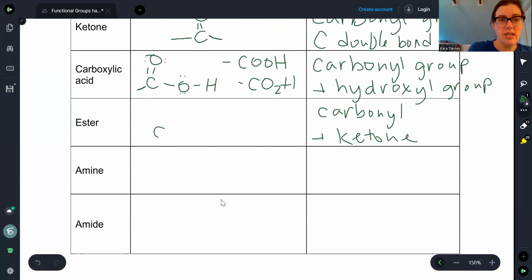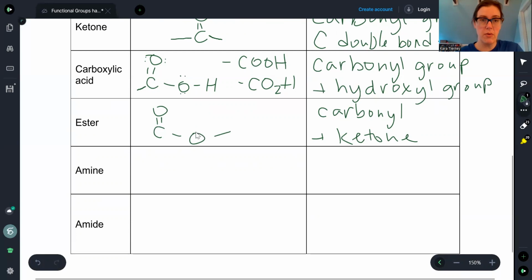So we have our C double bonded to O, and then a single bond to an O, which is in the middle of a molecule. So in the carboxylic acid, it's at the end of a molecule, and when we see it in the middle, that's going to be the ester.